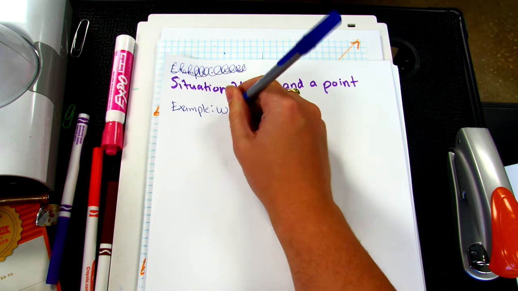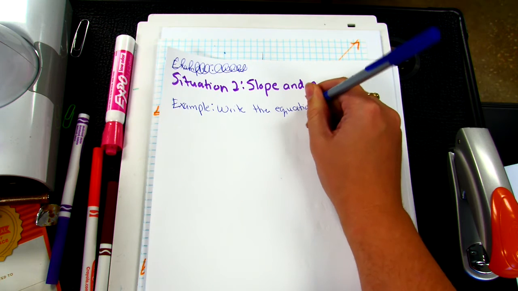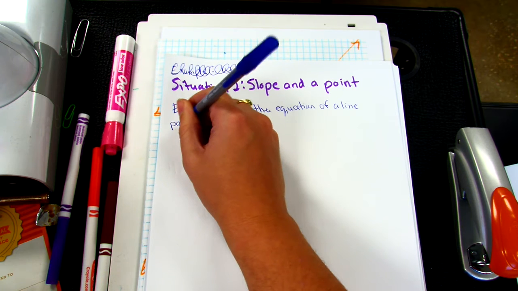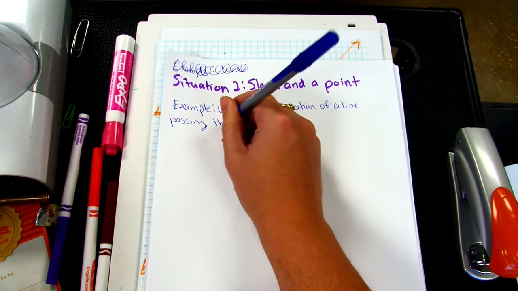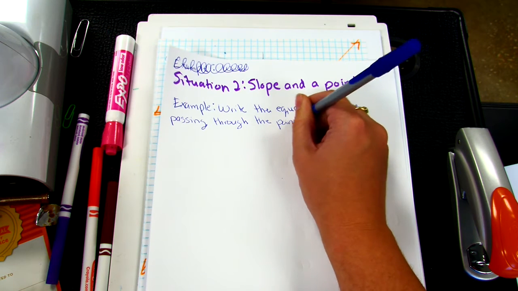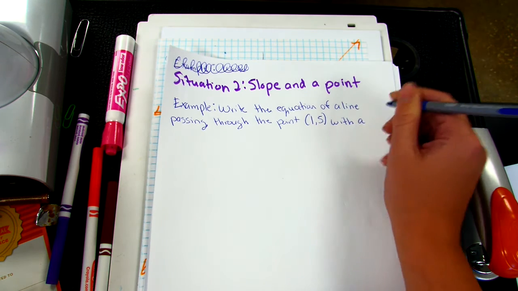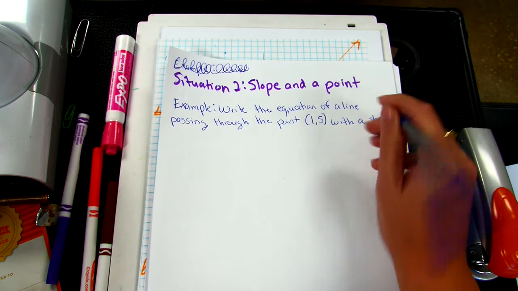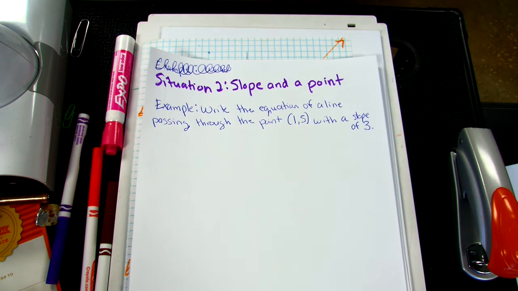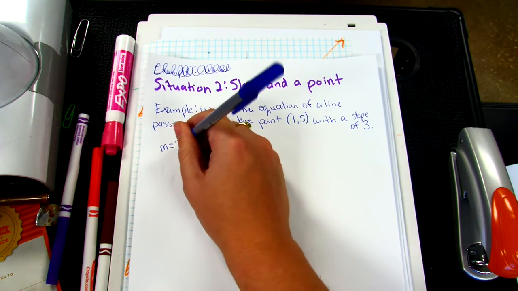So our example tells us this. It says, write the equation of a line passing through the point (1, 5) with a slope of 3. Okay? So we automatically know, since slope is 3, that our m value is 3.